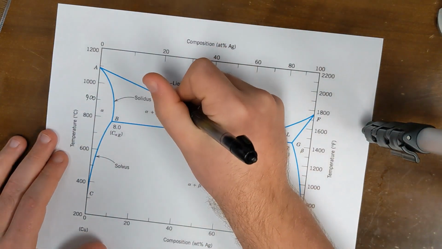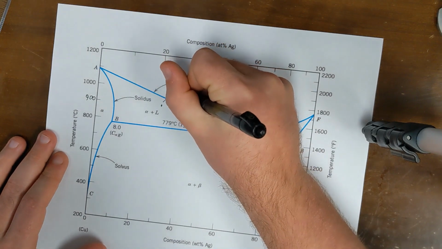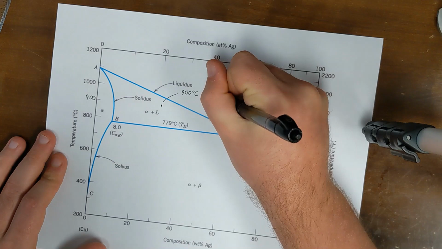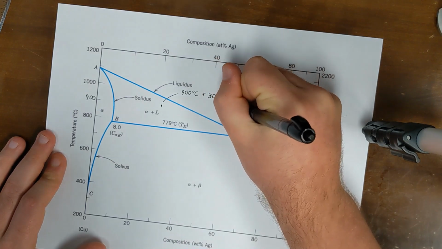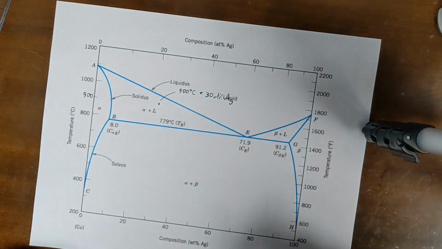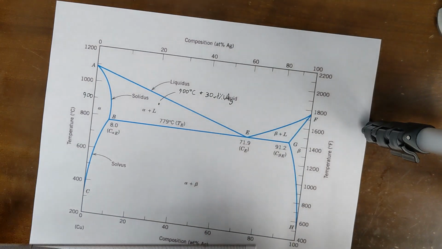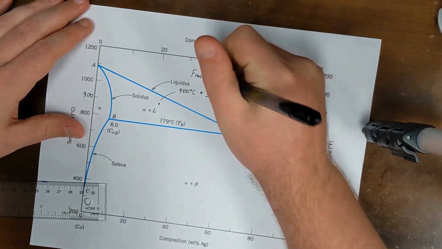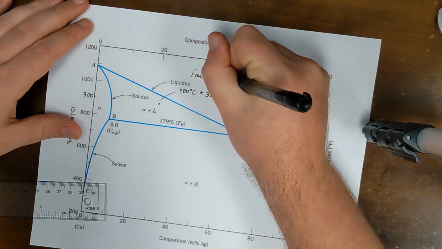So this is going to be 900 degrees C and 30 weight percent silver, right? Okay, so I would like to know what is our fraction of liquid phase.